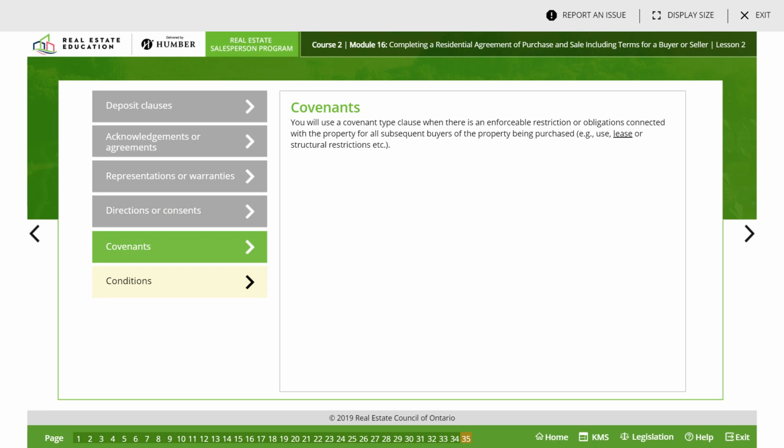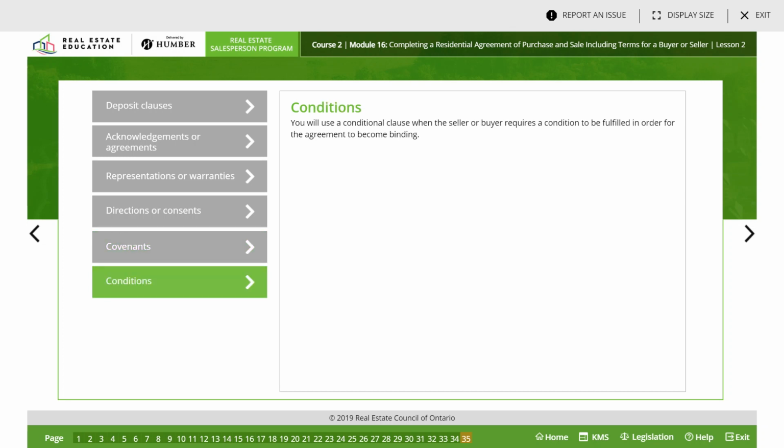You will use a covenant type clause when there is an enforceable restriction or obligations connected with the property for all subsequent buyers of the property being purchased. Example, use, lease, or structural restrictions, etc. Conditions. You will use a conditional clause when the seller or buyer requires a condition to be fulfilled in order for the agreement to become binding.